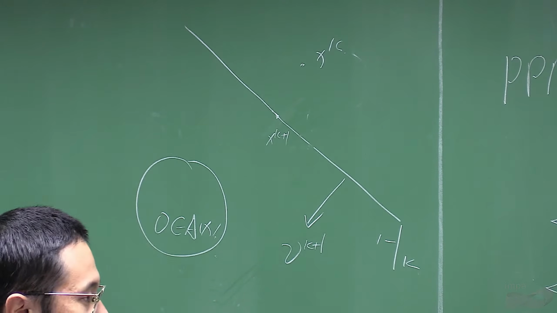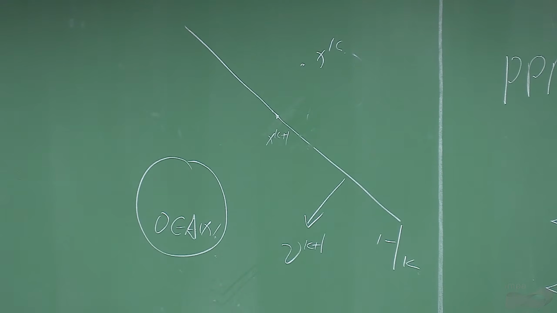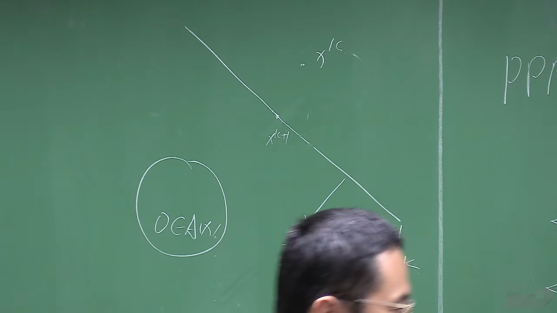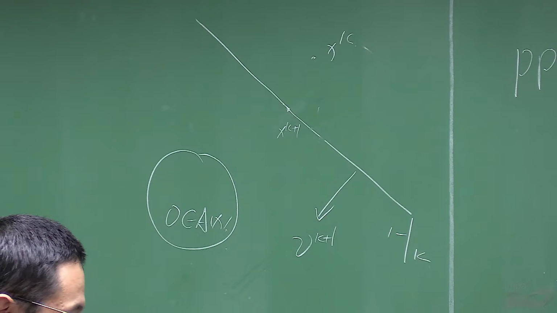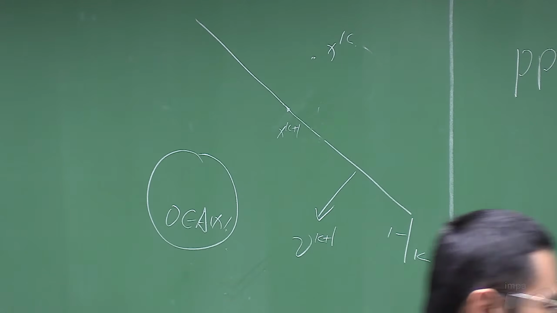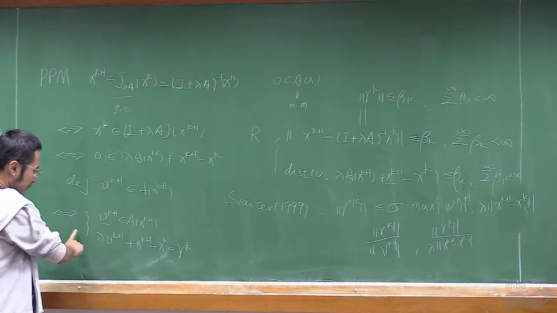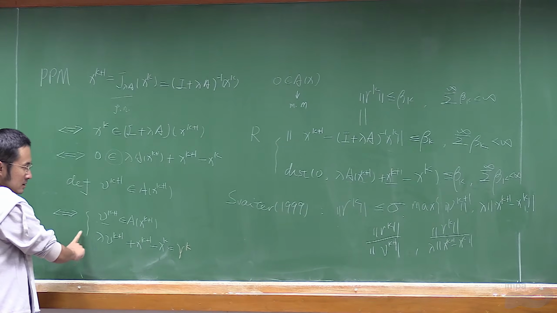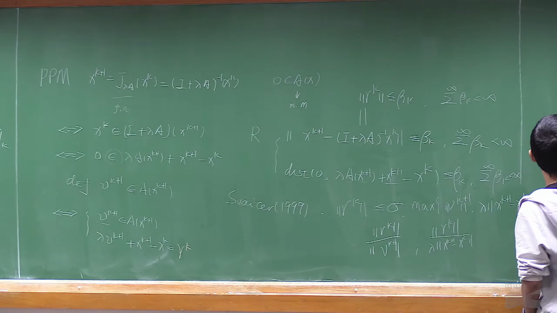And we can interpret these relative errors based on this. Based on that, the proximal point method is a kind of projective method. But if we put this proximal system together with these relative errors, I will write it here.